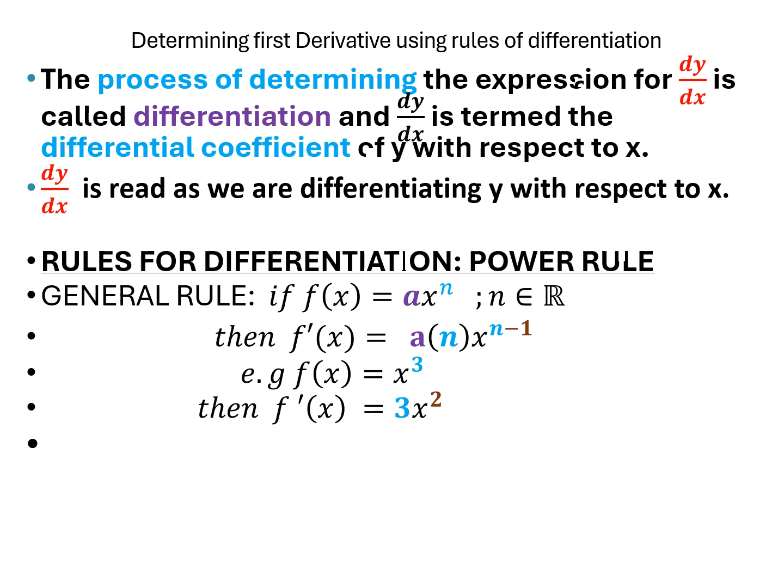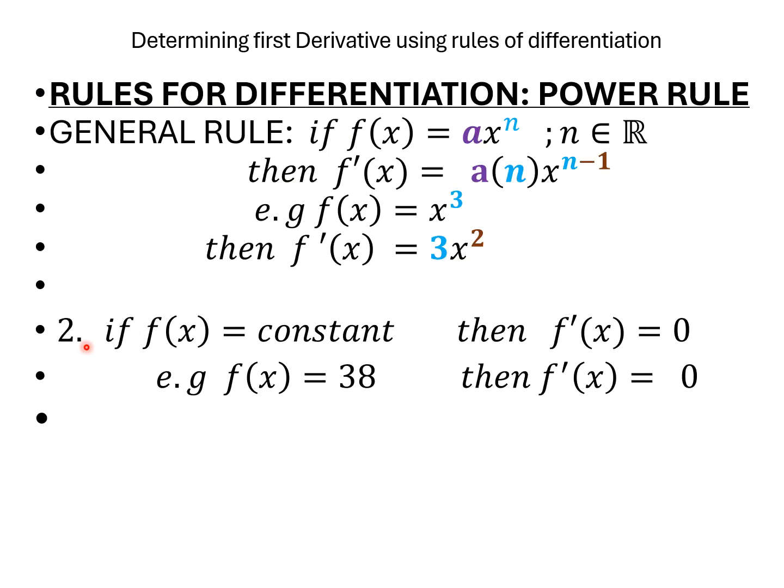Right, example, if I had f of x equal x to the power 3, then f prime x would become 3 times 1, which gives me 3, and 3 minus 1, which gives me 2. So that becomes 3x squared. Number 2, if we have f of x and we have a constant, then the first derivative of any constant will always equal 0.